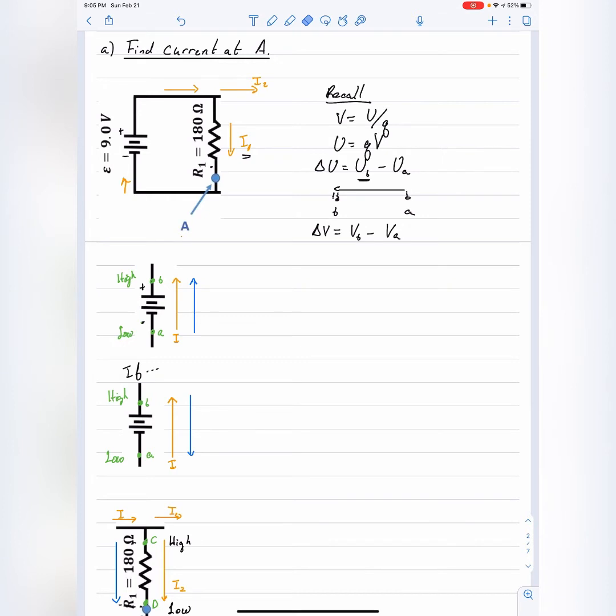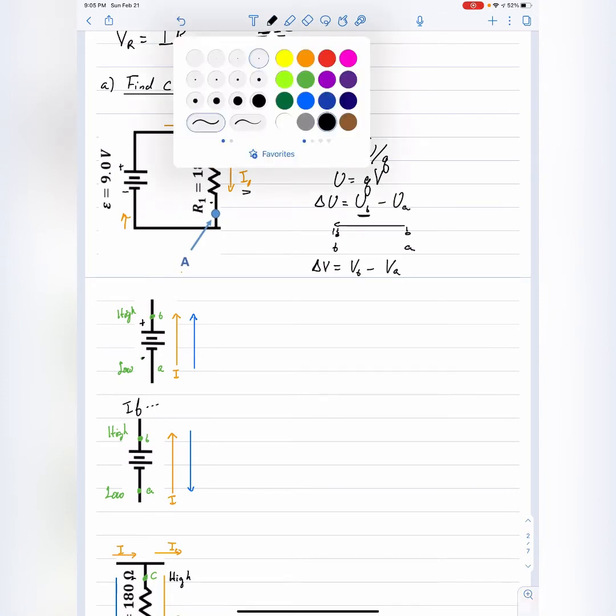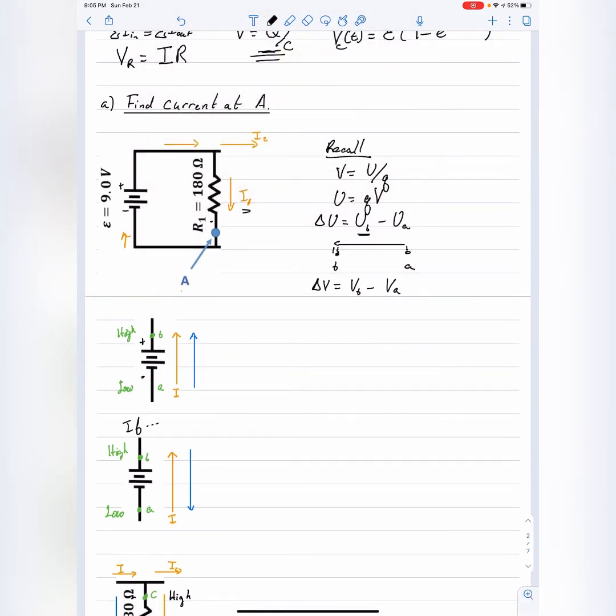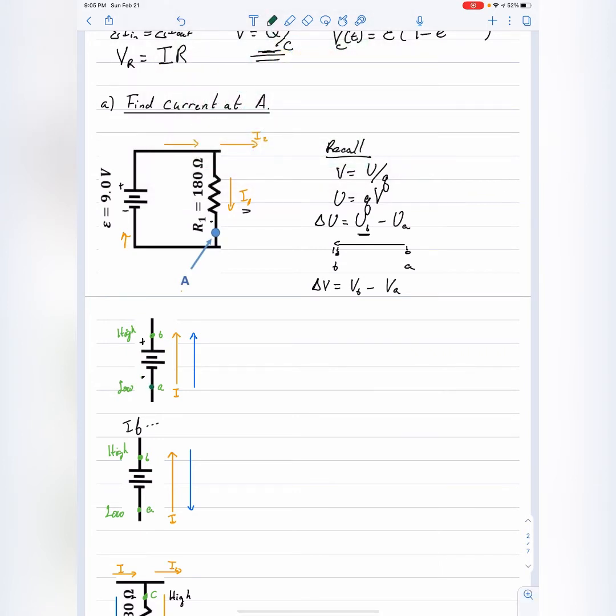Usually, once we sum up all the change in electric potential across the whole circuit, by the time that we get back to the battery, the change in electric potential is going to be 0. Therefore, A is going to be 0. That's why it's low. And then here, starting all over again, it's going to be 9 volts because the battery is 9 volts.